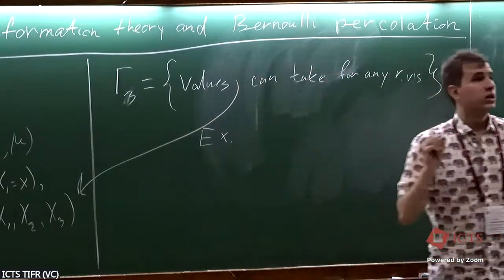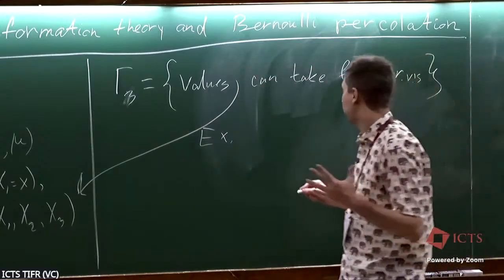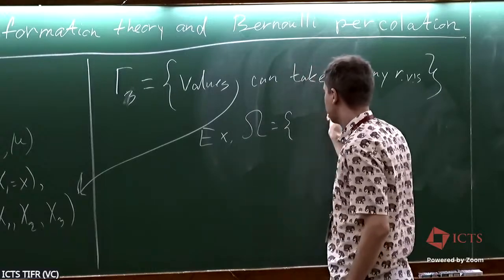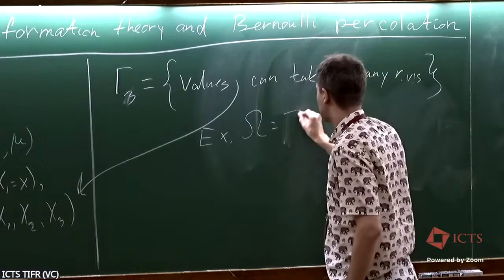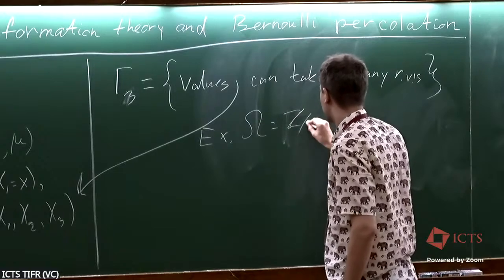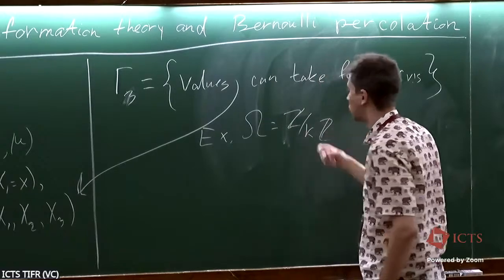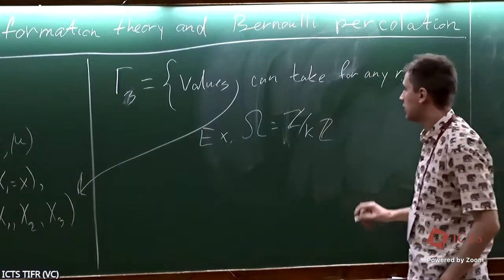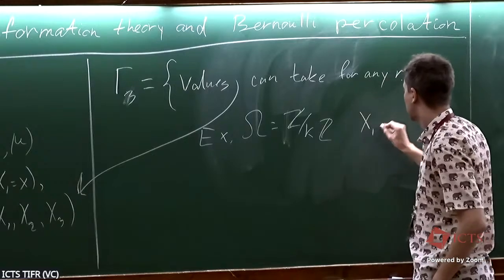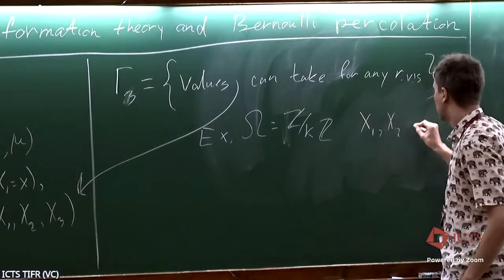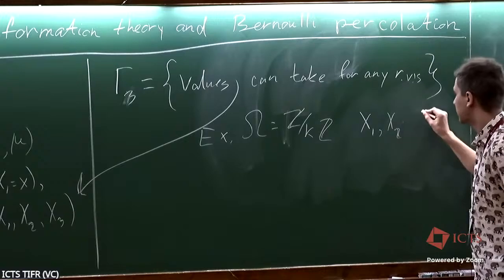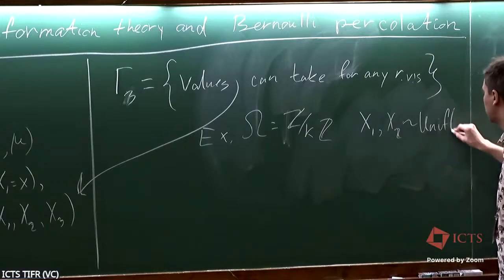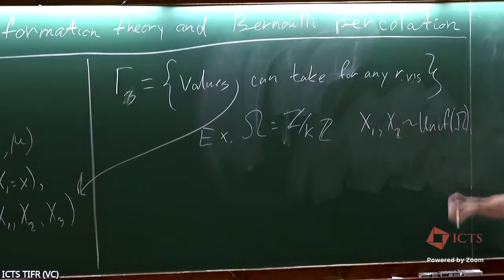So suppose my probability space is basically Z over kZ for some integer k. So I have k values, and let's say x1 and x2 will be distributed independently as a uniform element of this.